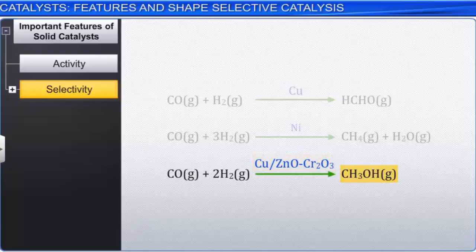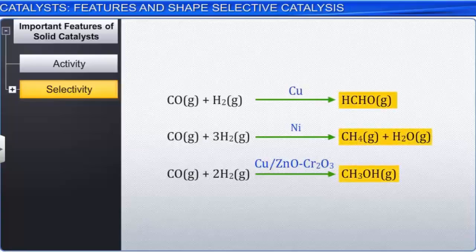We can see that carbon monoxide and hydrogen react to form different products in the presence of different catalysts. Thus, we can define the selectivity feature of a catalyst as its ability to direct the reaction to form a particular product or products, excluding others. A substance chosen as the catalyst for a reaction can act as a catalyst for that reaction only, and not for any other reaction.